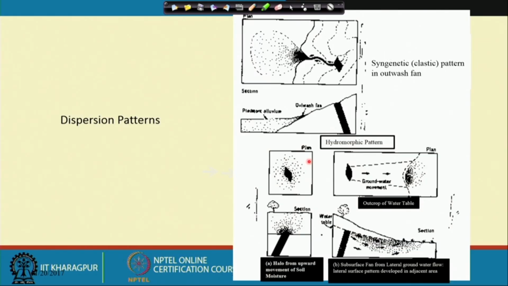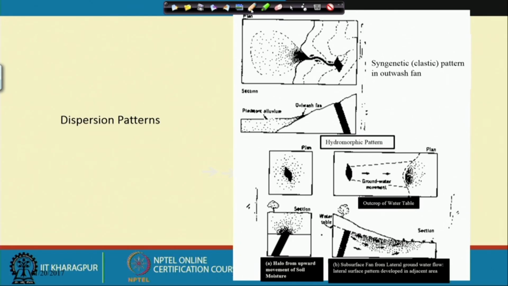Some ideas can be obtained from looking at these figures, which are pretty old but still very informative regarding what exactly happens and how we distinguish between transported and residual overburden.